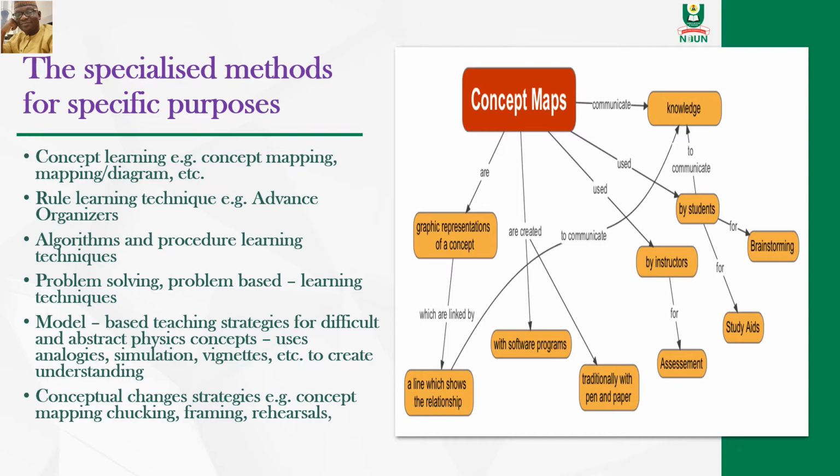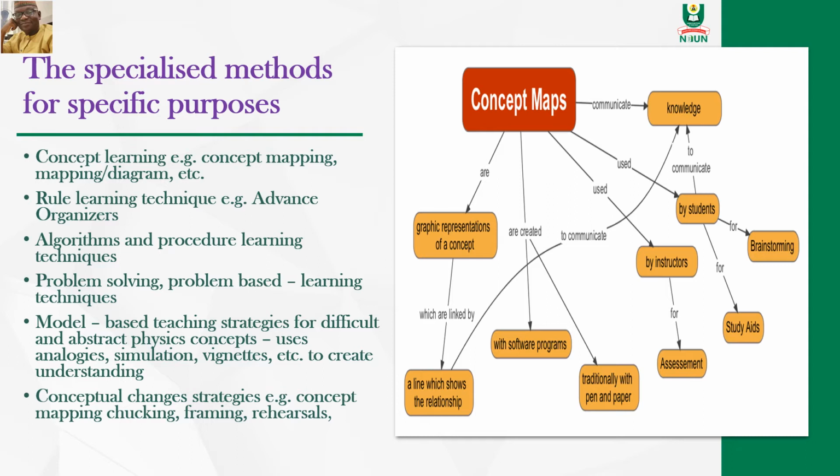The specialized methods are not too common, but they are used for special occasions or to handle special topics. We have what we call concept learning, and common examples are the concept mapping or diagram. We have what we call rule learning technique. At this time, we make use of advanced organizers. There's algorithm and procedural learning techniques.